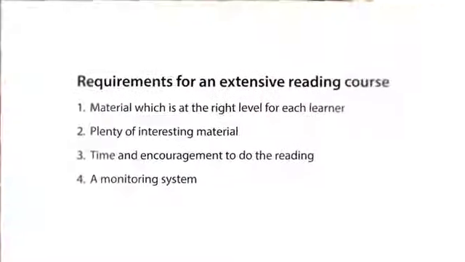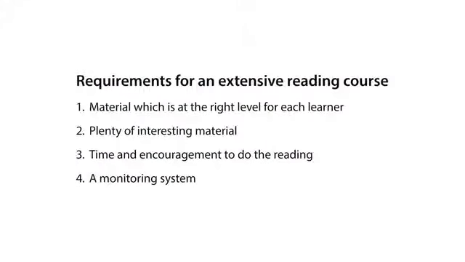Learners should be reading at the rate of at least a book a week. Some of the books are quite short, but it's really important that learners do a lot of continued reading over several years. The first requirement for extensive reading is having material which is at the right level.